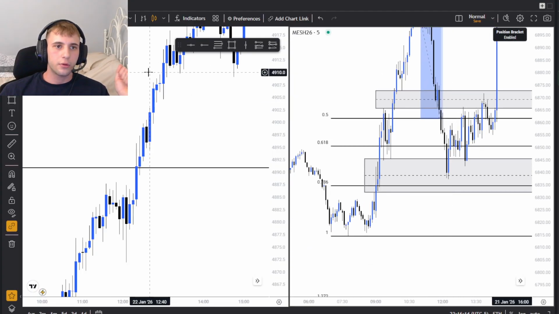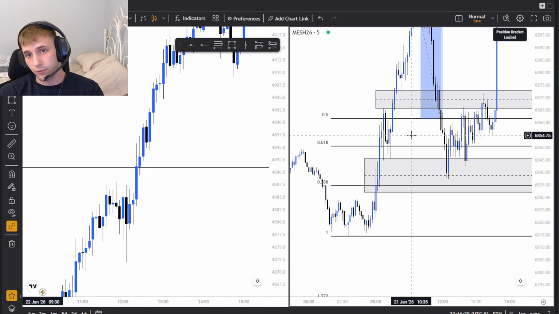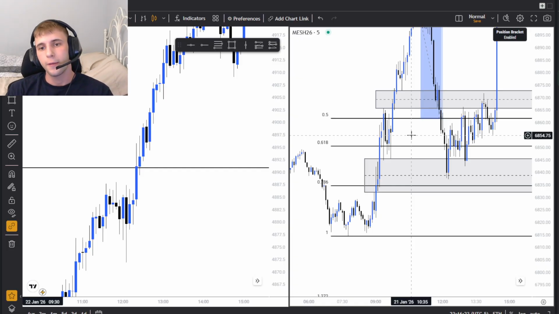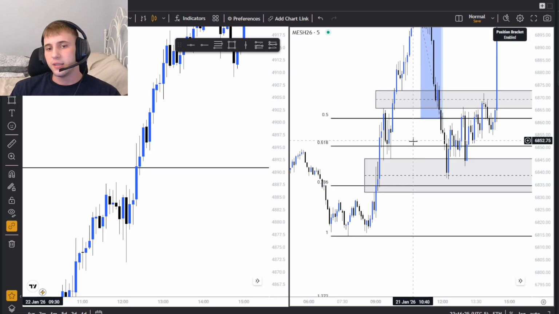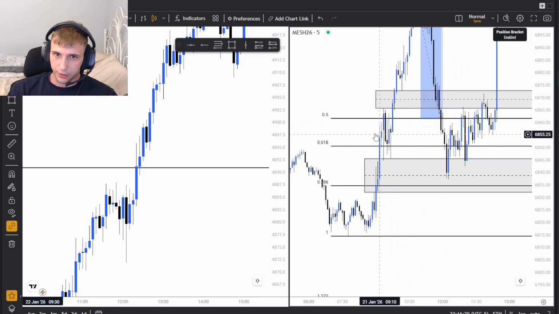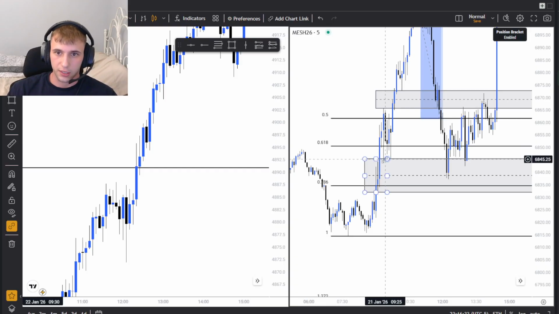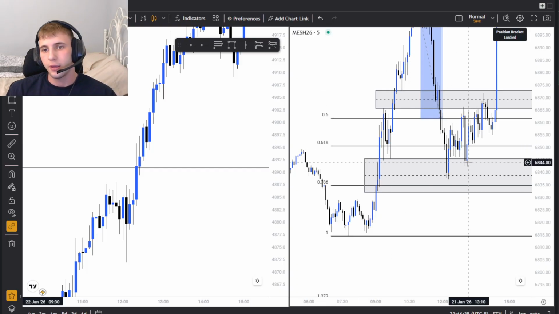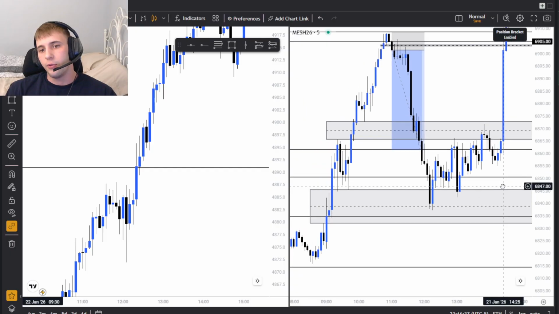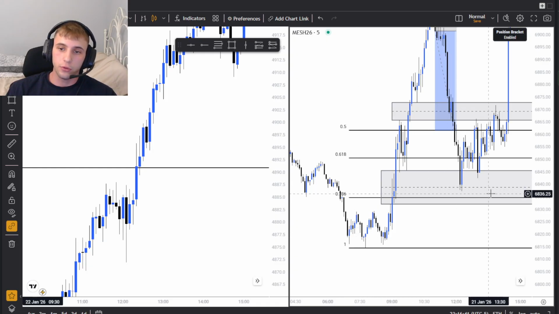Here's where things get kind of a little complicated and kind of where you want to be intuitive about this. This is pretty far down. This is pretty far away from equilibrium and kind of below the 0.618 extension level, right? Now, is that to say that it won't get wicked out?